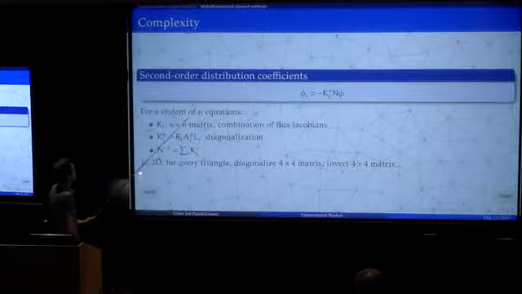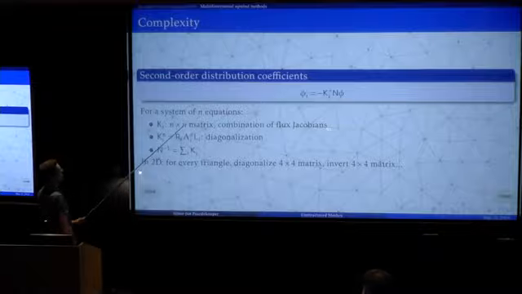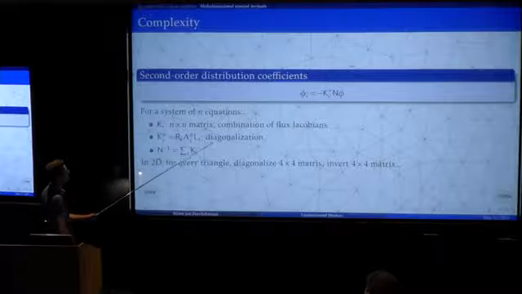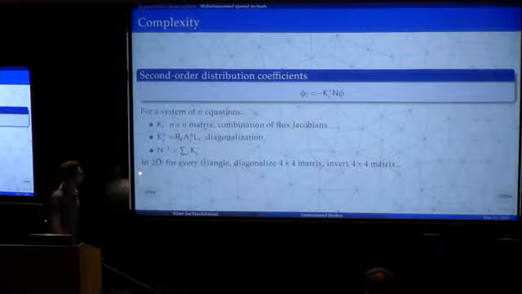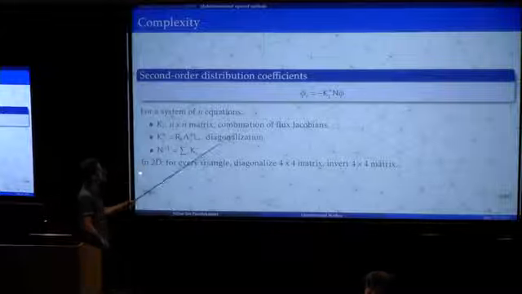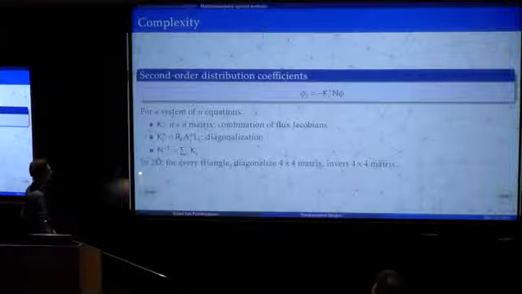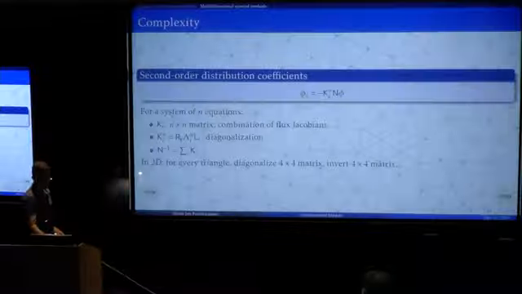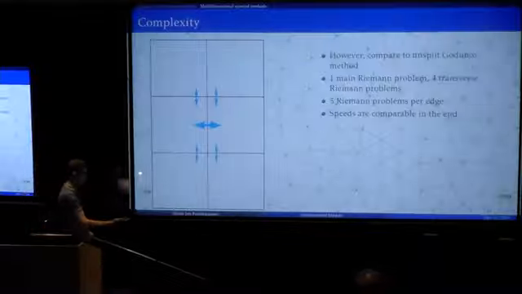So if you have n equations, these are n by n matrices, we need to diagonalize one, we need to invert one, and we have to do this for every triangle. So diagonalize a 4x4 matrix, invert a 4x4 matrix, and then multiply the two together. So it's expensive.